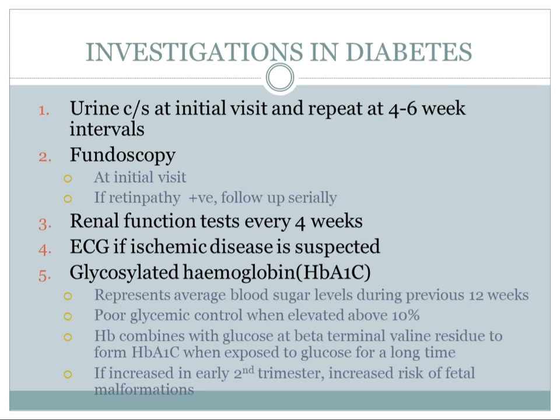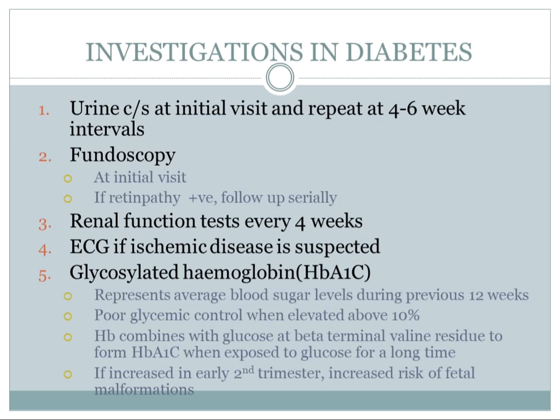So this glucose will get attached to the valine amino acid, which is present as a terminal amino acid in the beta chain of the globin part of the hemoglobin. Okay, so when it is attached like that, then we call it a glycosylated hemoglobin.